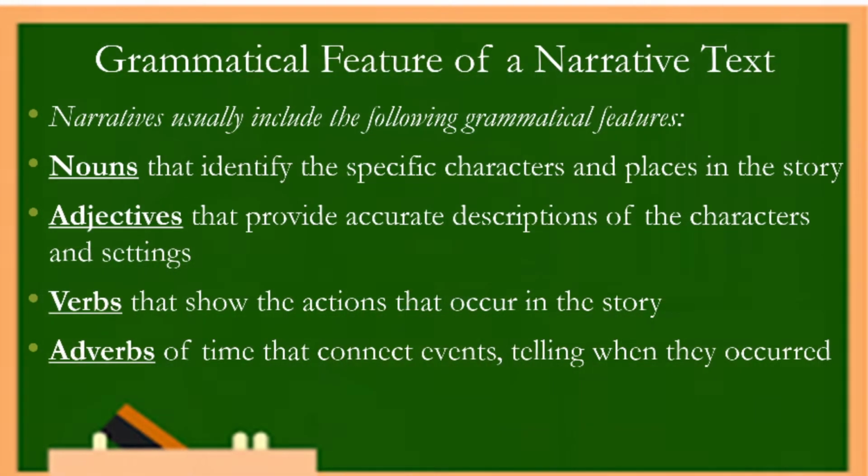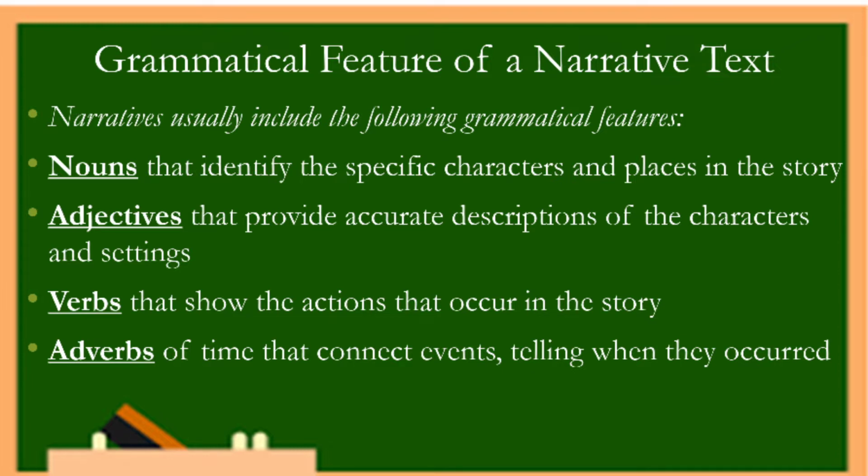Now let us proceed to the grammatical or language features of a narrative text. Narratives usually include the following language features. We have nouns that identify the specific characters and places in the story. Adjectives that provide accurate descriptions of the characters and settings.